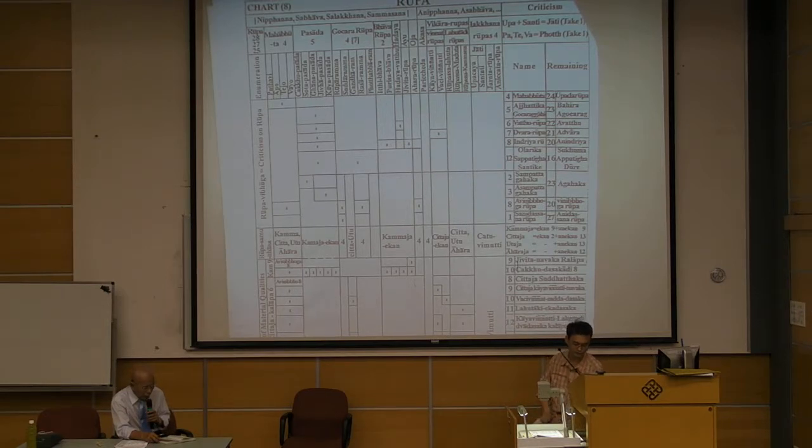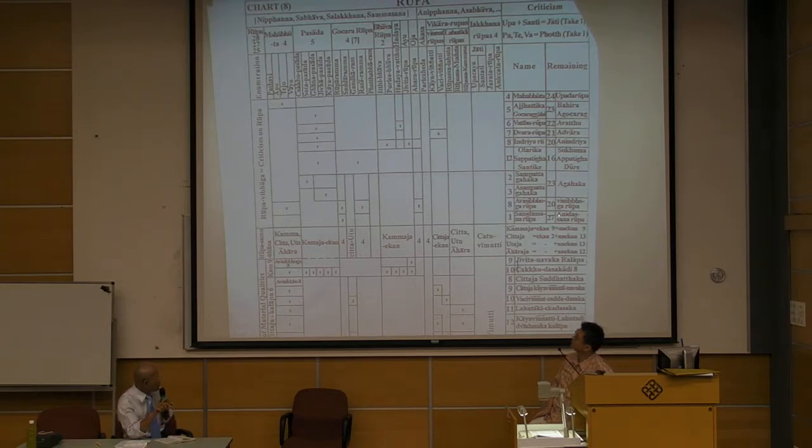We have already discussed number 4, so we proceed to number 5 at the bottom of page 241. So we say there are 18 Kamaja Rupas. So they are the 9 Kamaja Ekaja Rupa and 9 Kamaja Anekaja Rupa. That is the 9 Catuja Rupa.